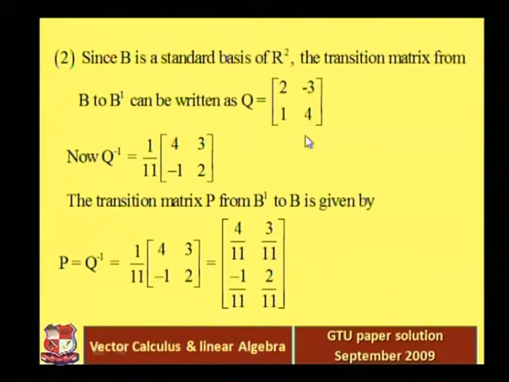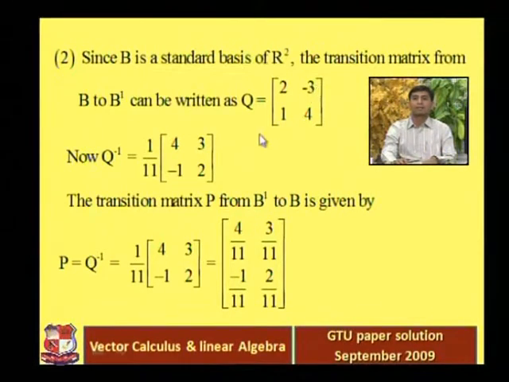This is a 2 cross 2 matrix, and finding the inverse of a 2 cross 2 matrix is quite simple. We just have to interchange the main diagonal entries, so 4 replaces 2 in the first position and 2 replaces 4. And we have to change the sign of the other diagonal, so minus 3 becomes 3 and 1 becomes minus 1, and divide by the determinant of the given matrix.